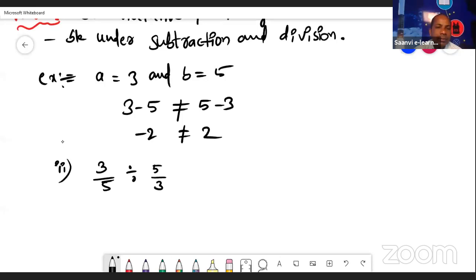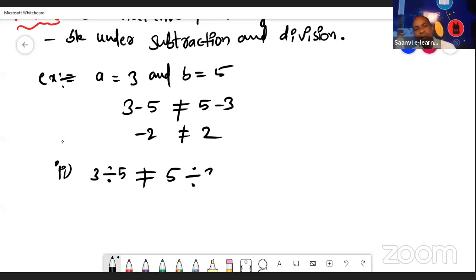It means when we divide 3 by 5, 3 divided by 5 is not equal to 5 divided by 3. So that is why commutative property is not possible under division. Right? So this is about commutative property.